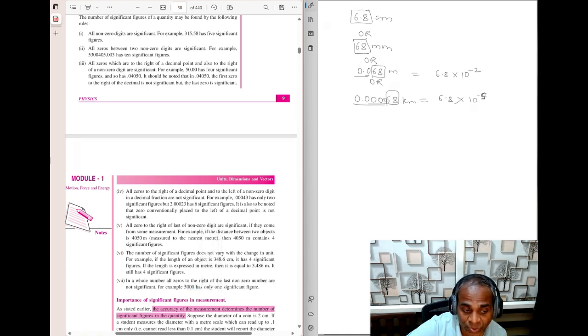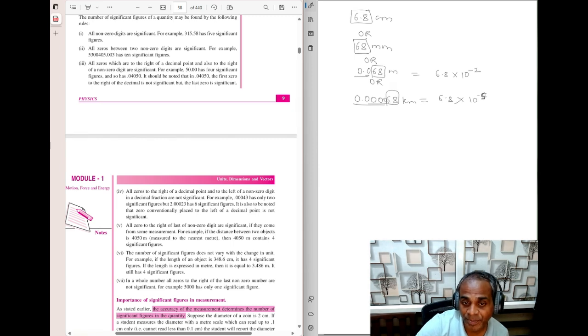If this value is part of a measurement such as length, which is a continuous number, then the 0s to the right of 5 are considered part of the significant figures. Whereas if I say 5000 pens, 5000 books and all that, which is a countable number, not a measurement, then the zeros to the right of the extreme right non-zero digit are all non-significant.